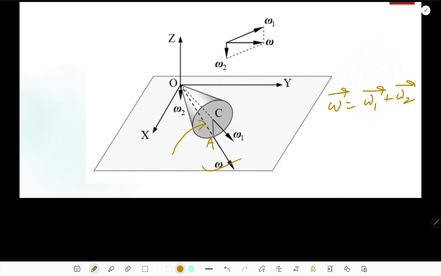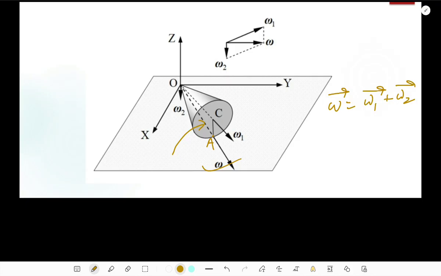Omega 1 is the angular velocity about an axis OC, about which the cone is just spinning, passing through its center. Omega 1 is its spin angular velocity, and omega 2 is the one by which it is orbiting around the z axis.